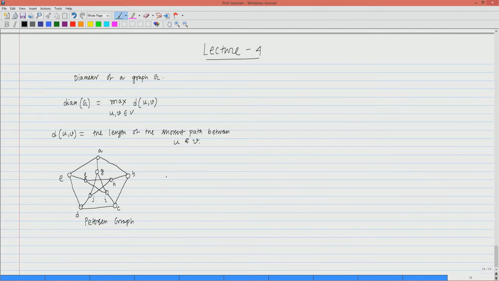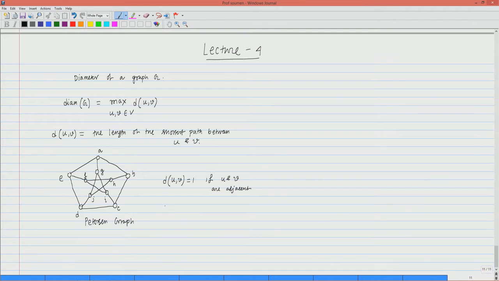Now, the distance between u and v when u and v are adjacent, like B and C: there are many paths between B and C. You can come to C from B using this path also, like you go to A, A to E, E to D, D to C, that is a longer path, but you have to consider the shortest path between B and C. So, this is equal to 1 if u and v are adjacent.